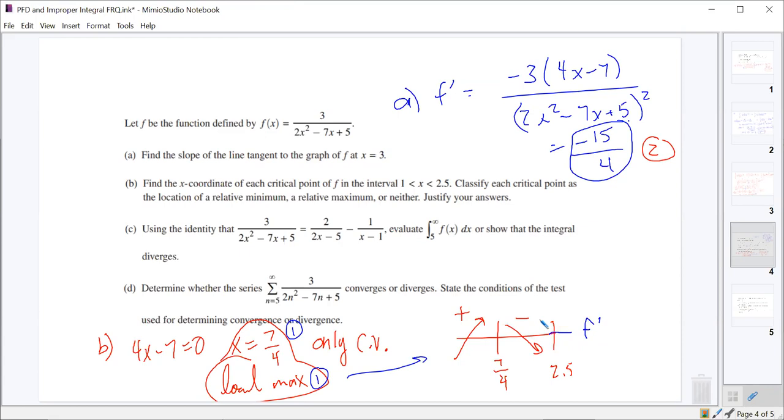But there are no endpoints to this interval, Molly, so no, you do not need to check any endpoints. And it doesn't say anything about looking for all maxima or minima. It just says classify each critical point as a max or a min or neither. So even if it did have endpoints, you wouldn't have to bother because the endpoint's not a critical point.